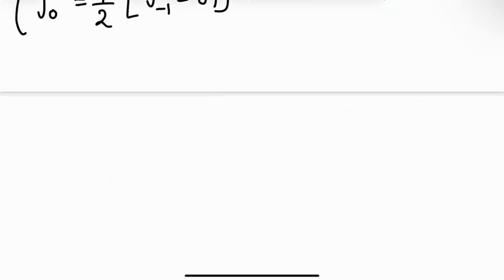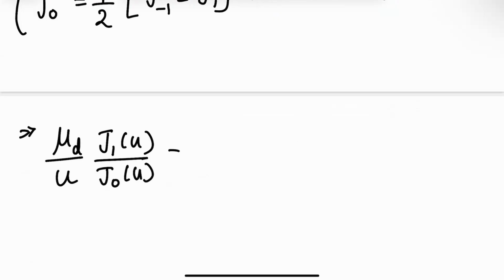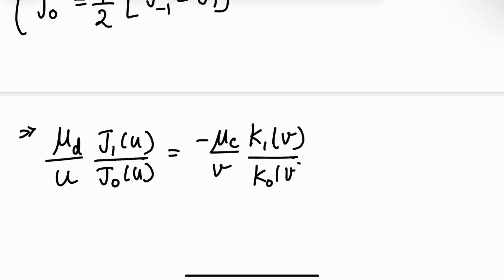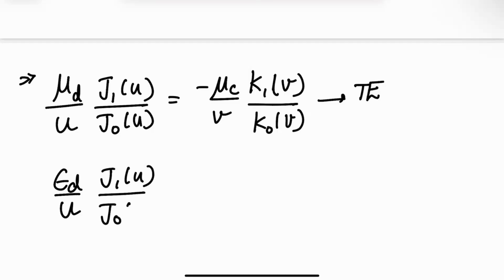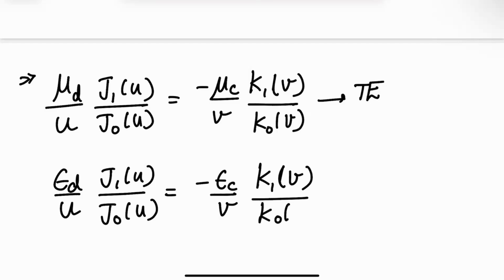Okay, so based on this substitution for the derivatives of the Bessel function, we can put them in, and then that gives us mu d over u, J1u over J0u is equal to minus mu c over v, K1v over K0v. This is for the TE case. And the other one was epsilon d over u, J1u over J0u is equal to minus epsilon c over v, K1v over K0v.